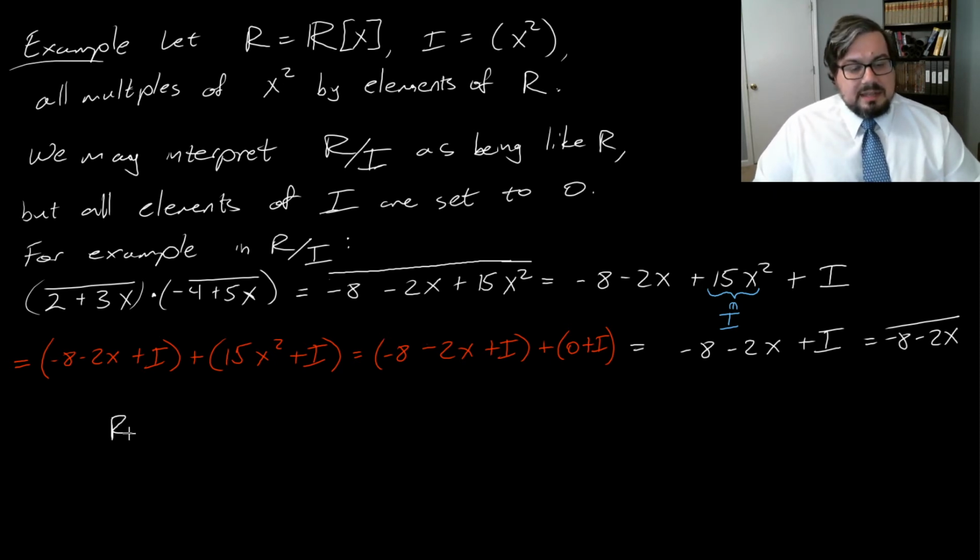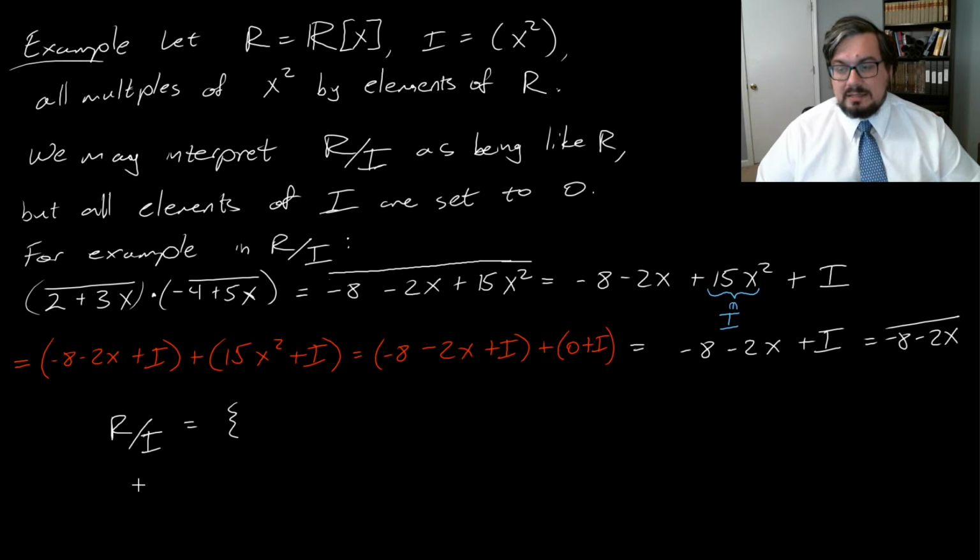Now notice that in particular this means that we can write out the elements of R mod I very precisely. Any term with a degree of 2 or greater will be an element of I, which means it can just get absorbed into I, like this one was.